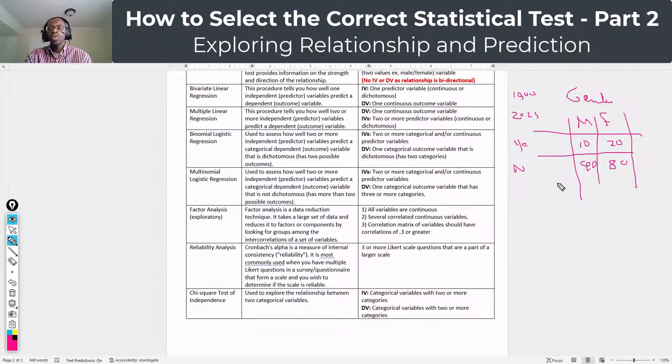So essentially what we're trying to determine is if there's a significant difference in the percentage of females that graduated versus males, right? So essentially the chi-square test is done when you want to compare differences between two groups, and you want to compare them because they're categorical and you're looking at the differences in percentages, okay? So that's the chi-square test of independence.